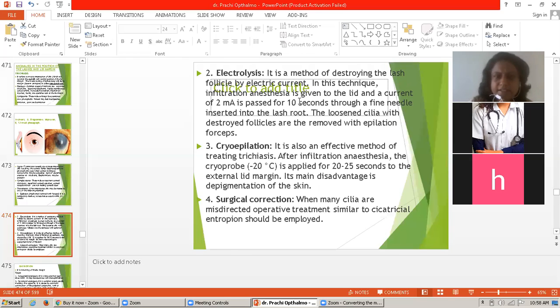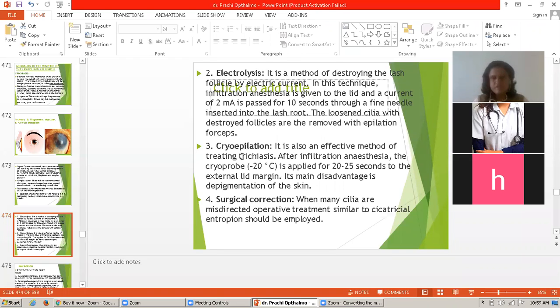In this technique, infiltration anesthesia is given to the lid and a current of 2 mA is passed for 10 seconds through a fine needle inserted into the lash root. The loosened cilia with destroyed follicles are removed with epilation.